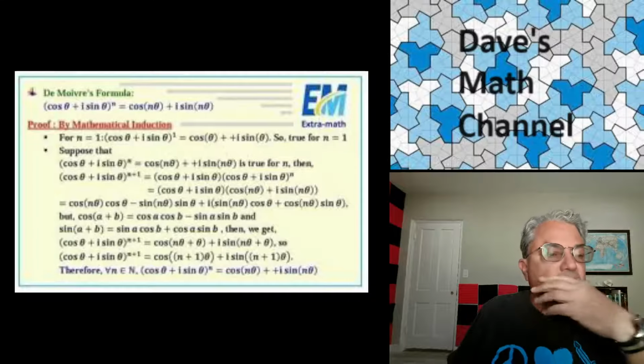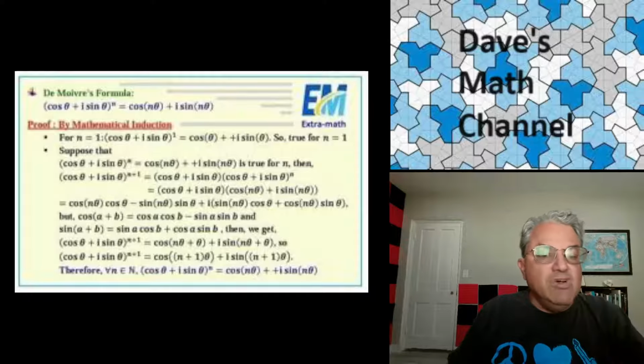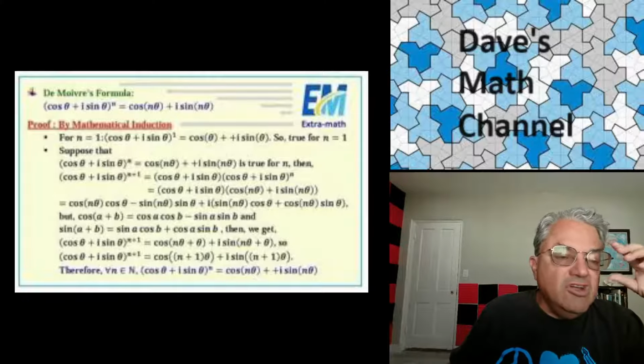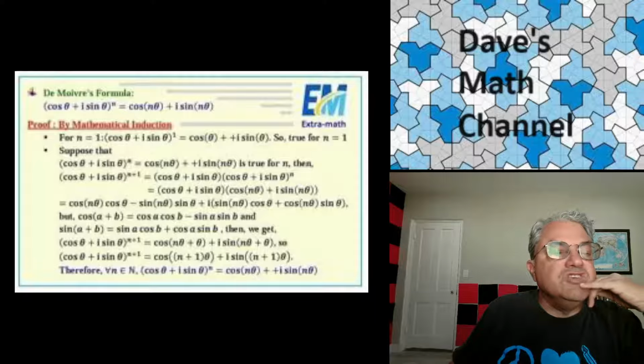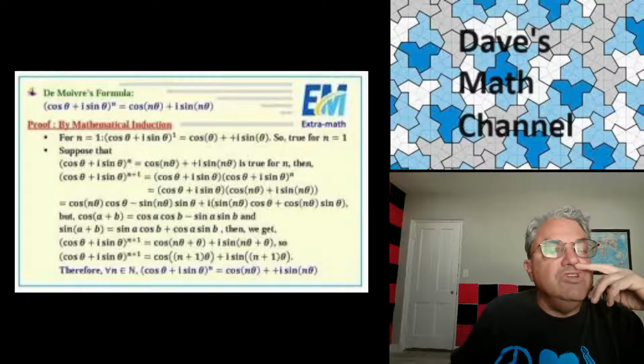And then you can use what are called the addition formulas for cosine and sine. I'm not going to go through those formulas, but you might have learned them when you learned trigonometry. You just apply those formulas and see what you get.